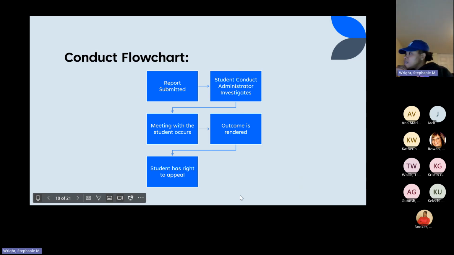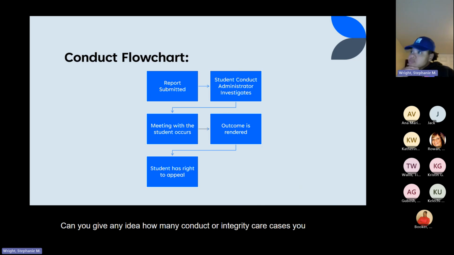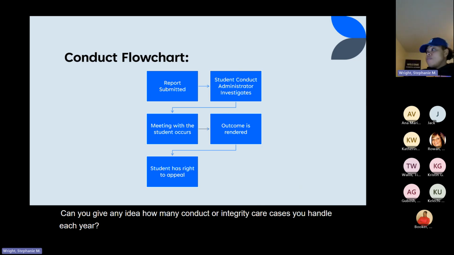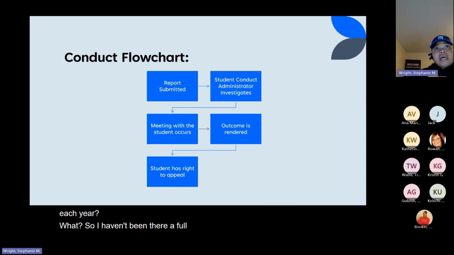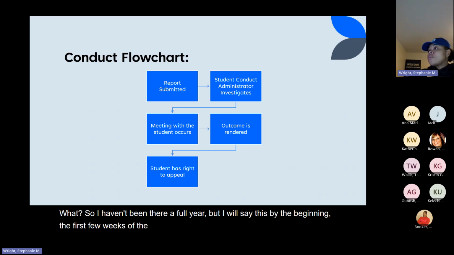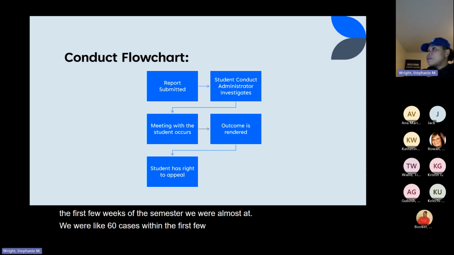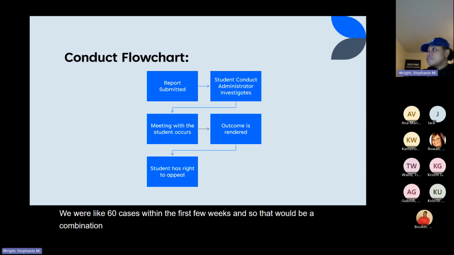Can you give any idea of how many conduct or integrity cases you handle each year? I haven't been there a full year, but I will say this: within the first few weeks of the semester, we were at like 60 cases. That would be a combination of academic integrity issues, issues at the testing center, care reports.